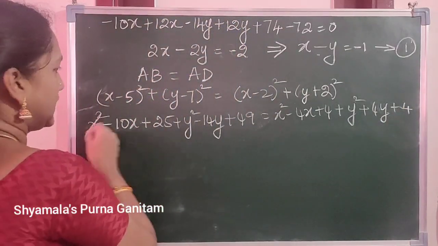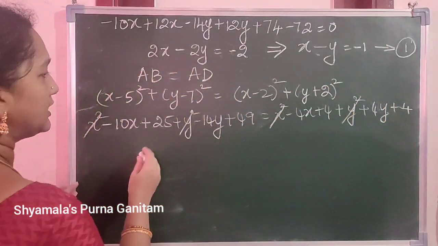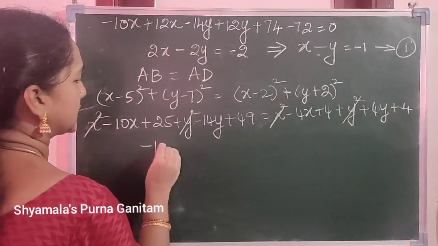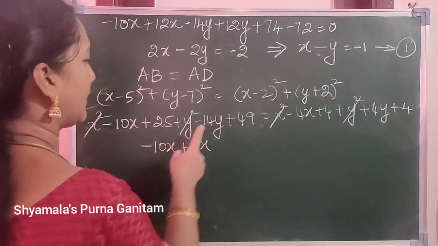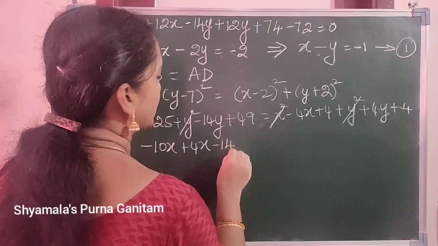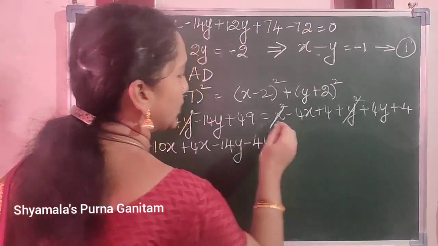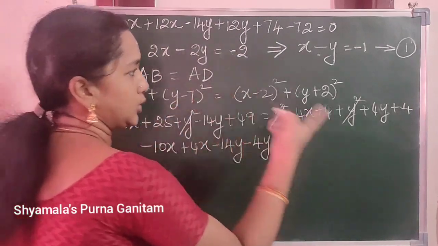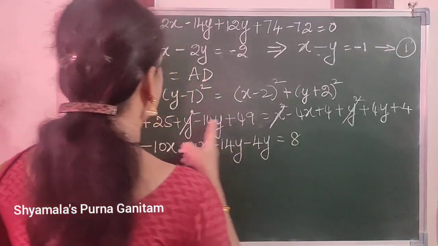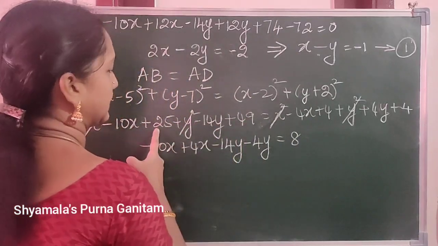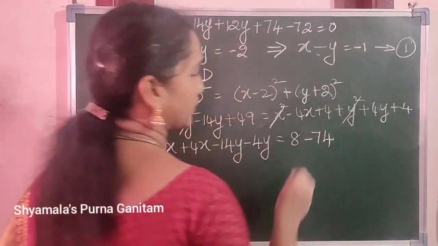Okay, so x squared, y squared, x squared, y squared cancel. So balance will be minus 10x plus 4x and then minus 14y and minus 4y. Now I am bringing the constant to the other side. So 4 plus 4, 8 here. Here I have 49 plus 25 is 74, so minus 74.